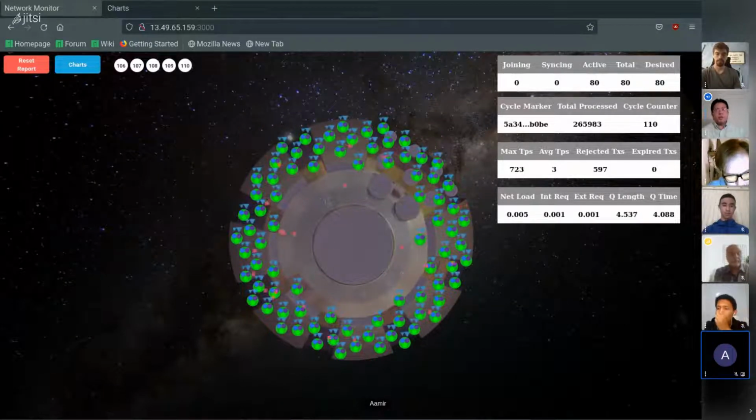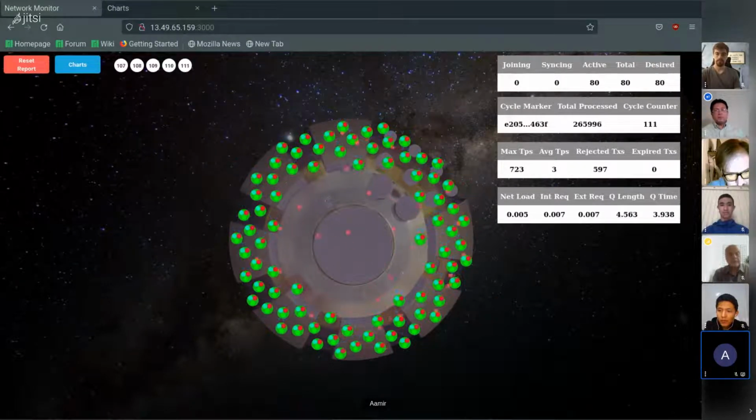So we've been talking to Blood, and they're actually using our current versions of Shardus and starting to build their interfaces on top of that.